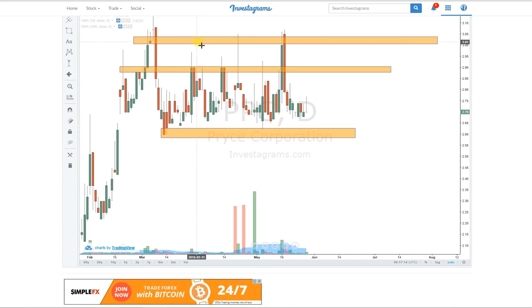By the way, for us in Investagrams, you don't have to be really precise with the support levels. Some people use supports that are really price specific. For example, I'd say the support of PPC is at 251, right? Super specific. But we believe that you can actually just implement ranges.